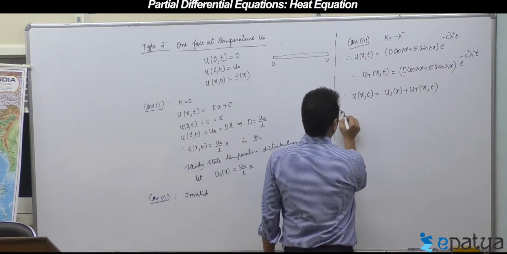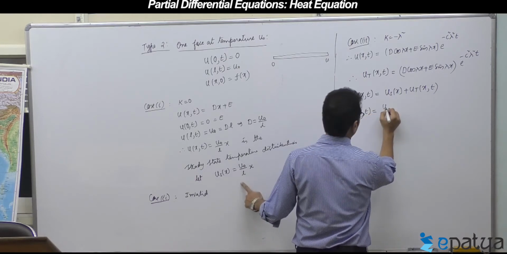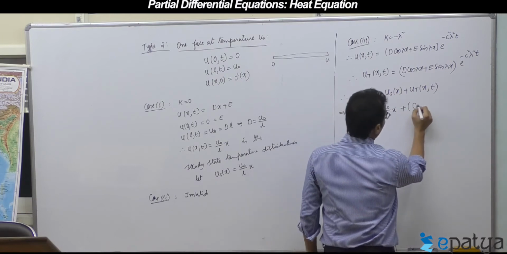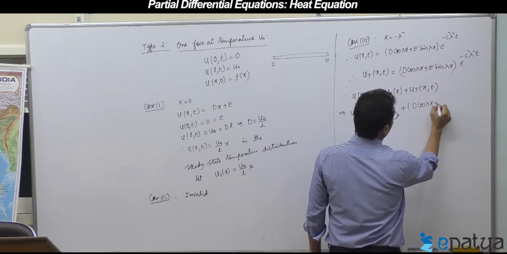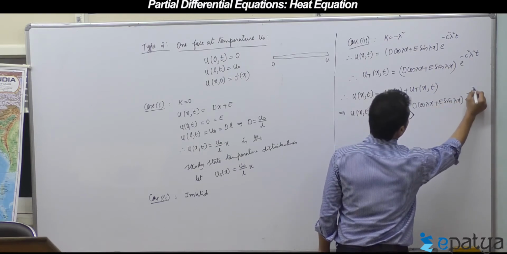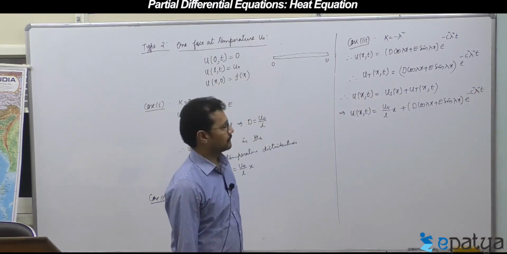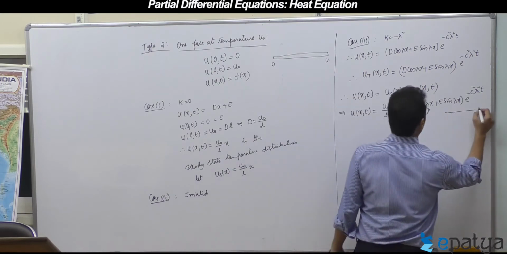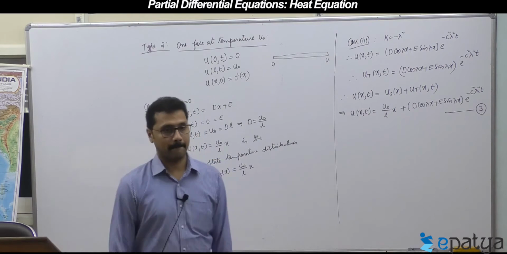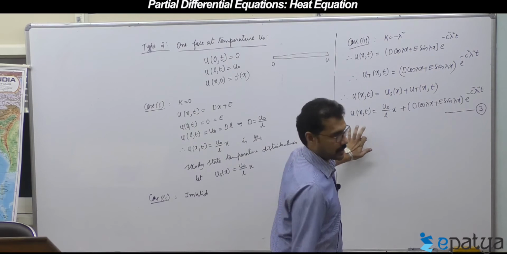This implies u of x comma t equals u naught by L into x plus d cos lambda x plus e sin lambda x into e power minus c square lambda square t. This is equation number 1, 2, 3.